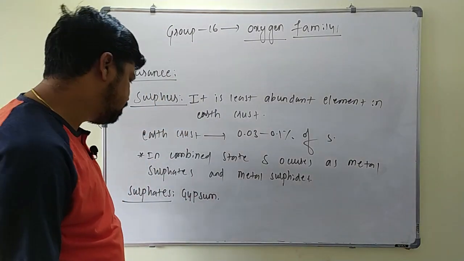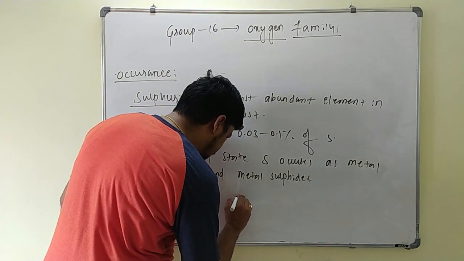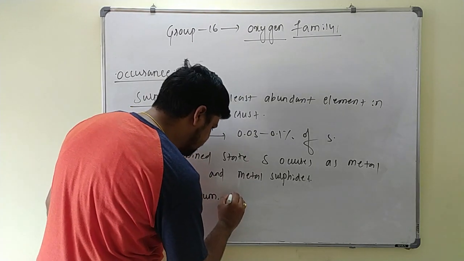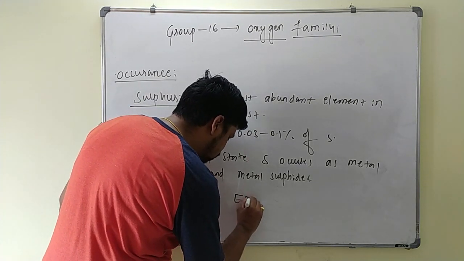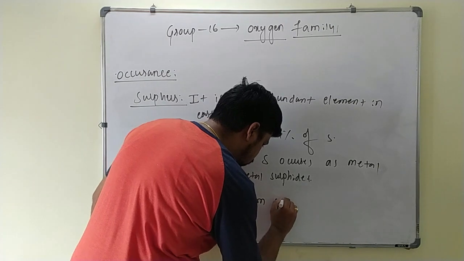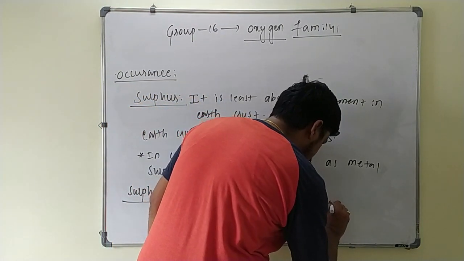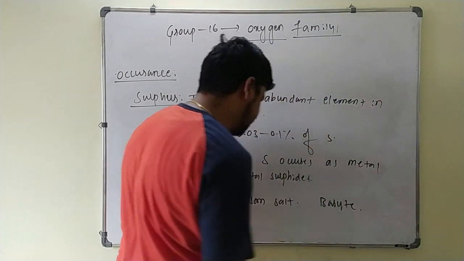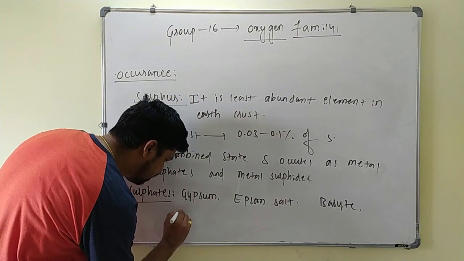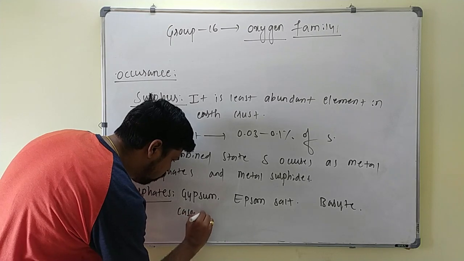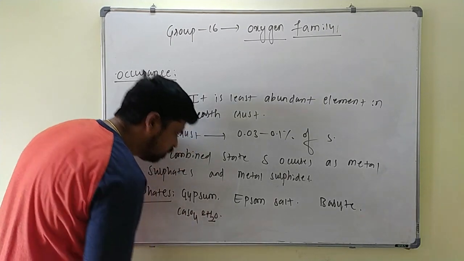It is available as gypsum. It's also available as Epsom salt and in the form of barite. Gypsum is calcium sulfate dihydrate, CaSO4 2H2O.